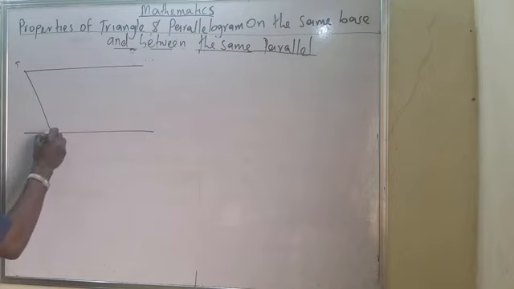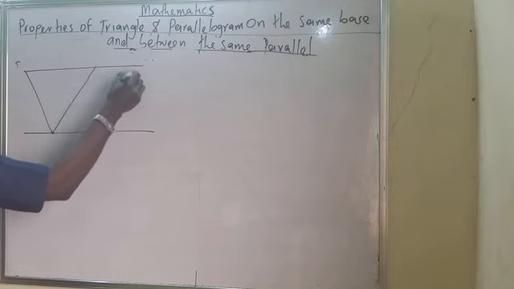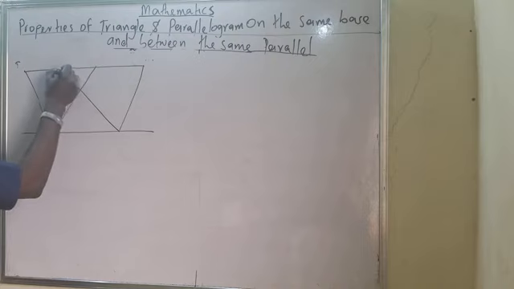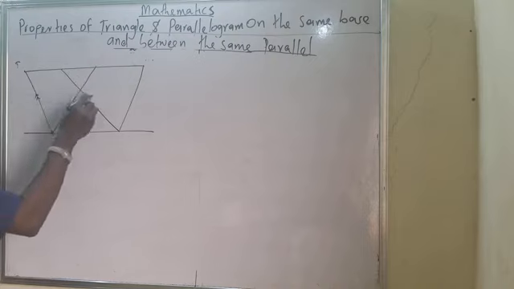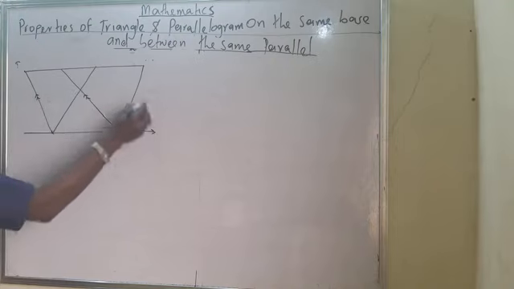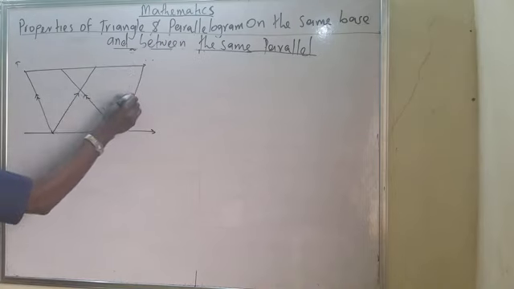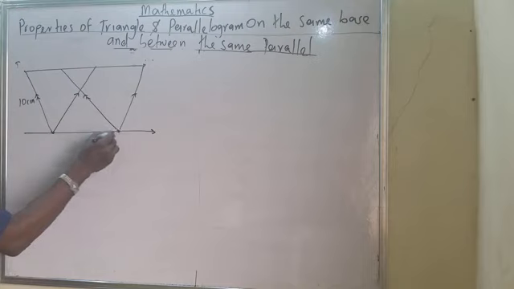Now, I have this, and if these lines are parallel, now I have 10 centimeters, and from here to here, let me call it BC.